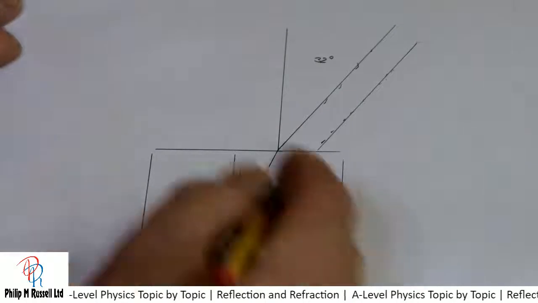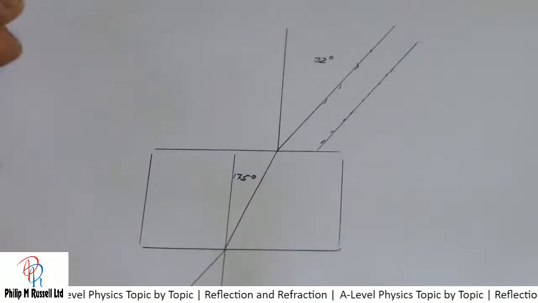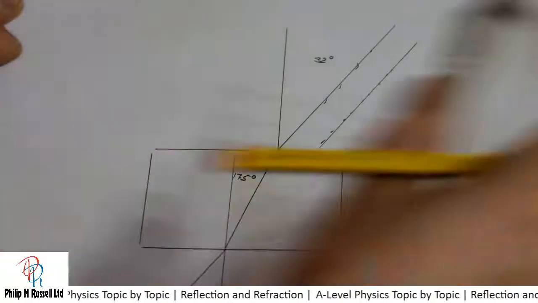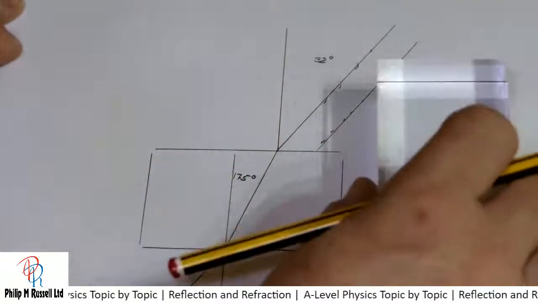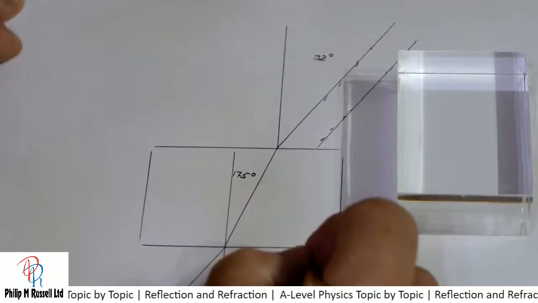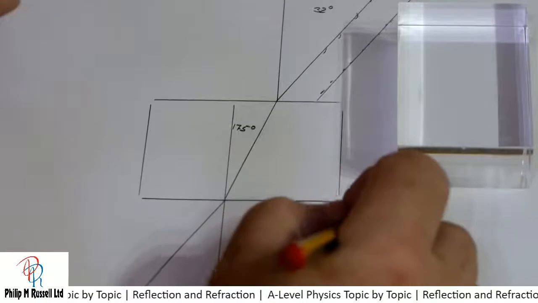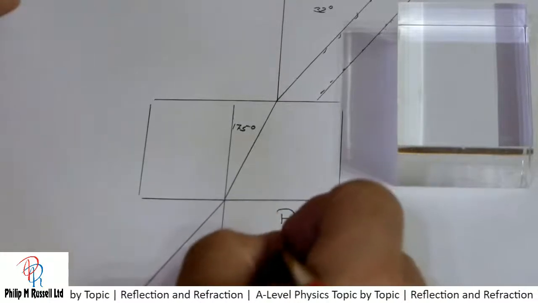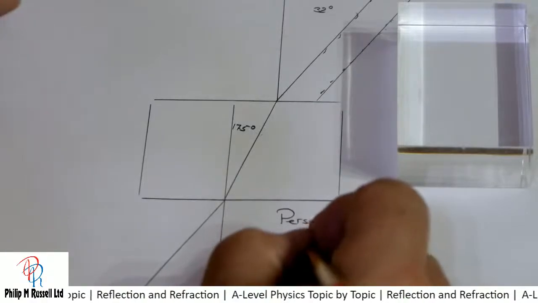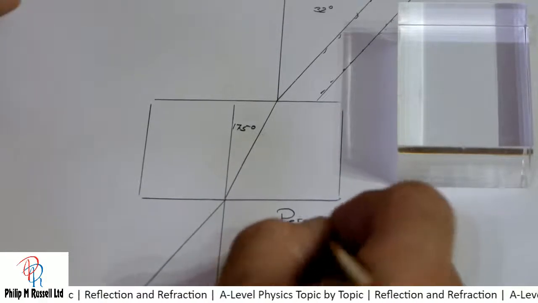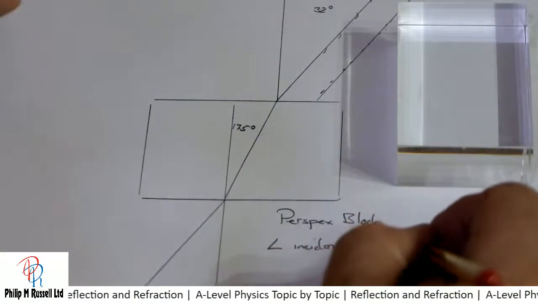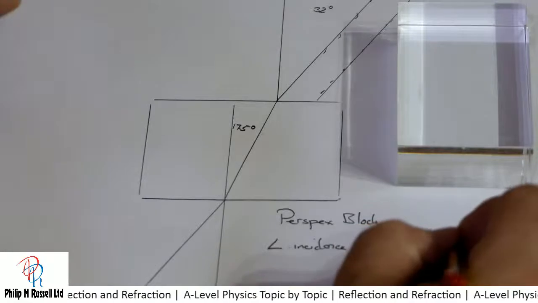So, what are we seeing here with refraction? We can see for this, which is a Perspex block, that the angle of incidence is greater than the angle of refraction.